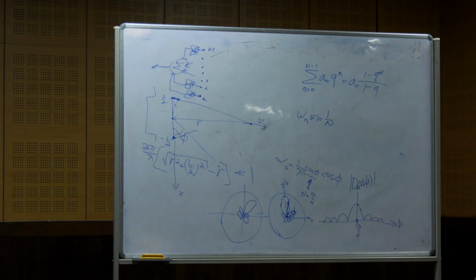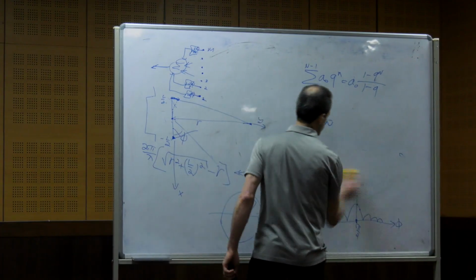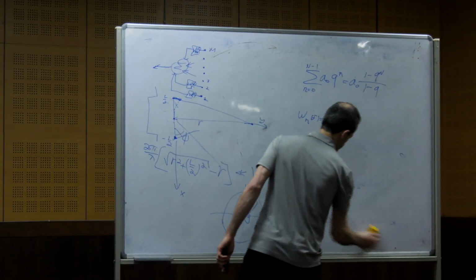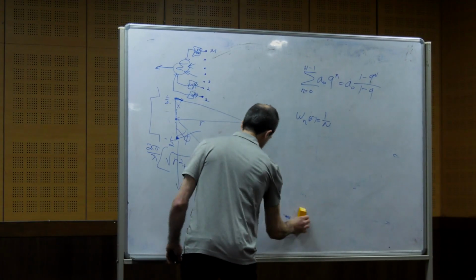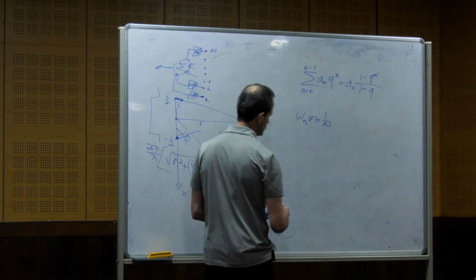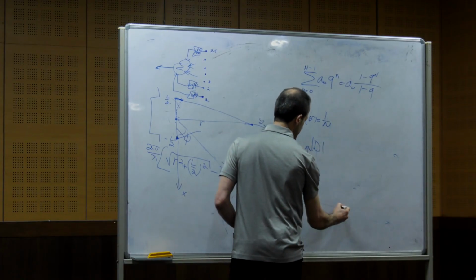Let's see how it looks when we change the number of elements, n, while L and F are fixed. What do we want to see? The directivity pattern as a function of phi.